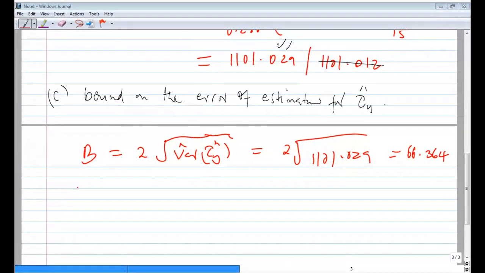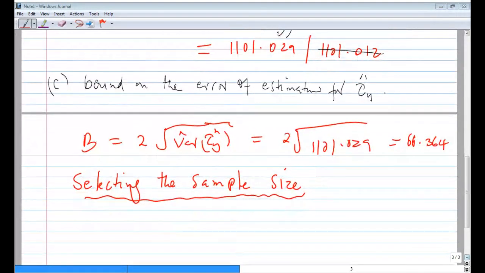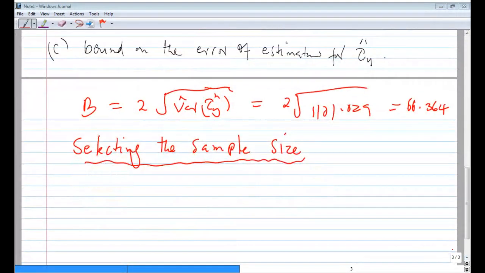Now we are selecting the sample size under ratio estimation. I want to show you the formulas that you can use to select the sample size under ratio estimation. So in other words, how do we select a sample size under ratio estimation?